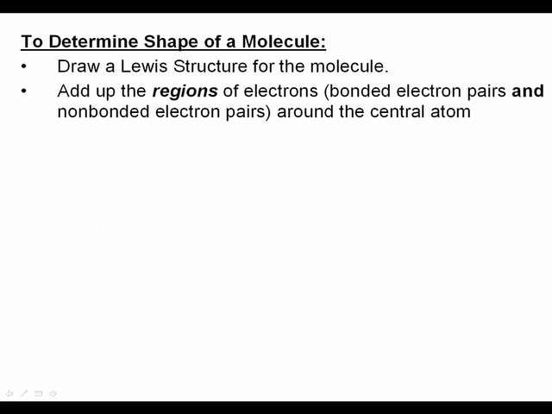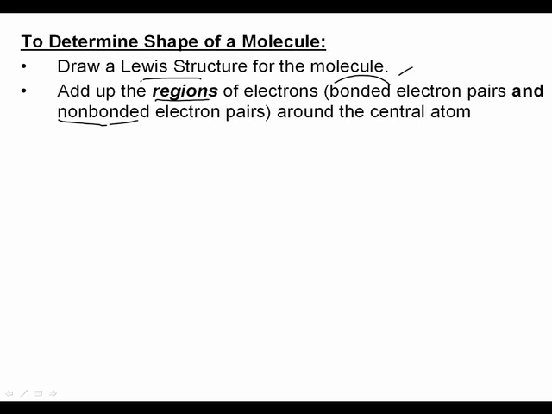So to determine the shape, we're going to draw the Lewis structure. Okay, but now we're going to add up the regions of electrons. Regions of high electron density can be bonded electron pairs and non-bonded electron pairs around the central atom.